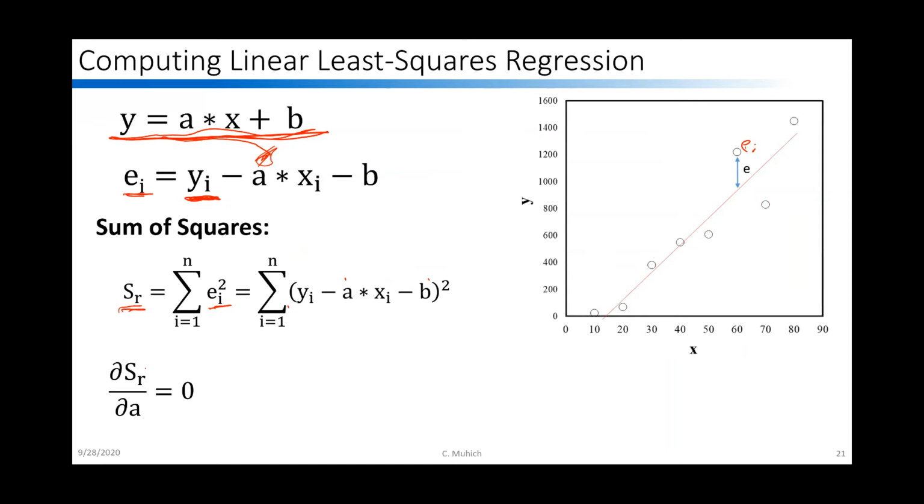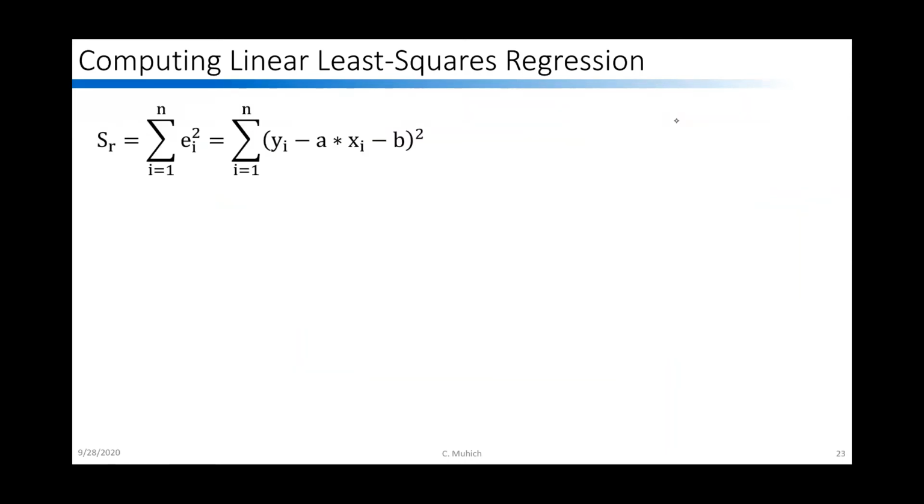I want to do this not only with a, which is our slope, but I also want to find the best intercept. So I have to take the derivative of my sum of squares with respect to b. And so we've recast this problem of how do I fit a line into a calculus problem.